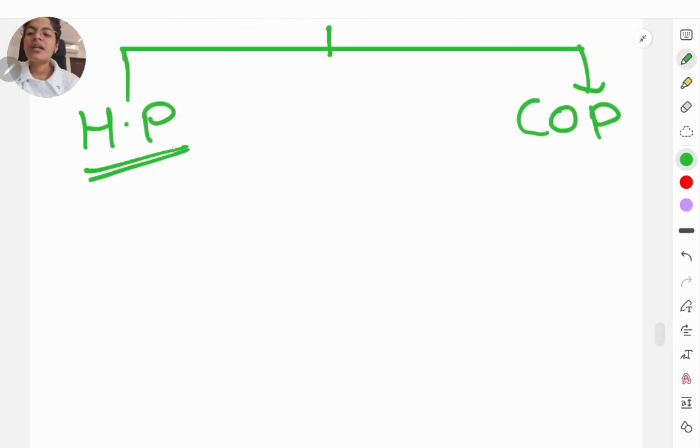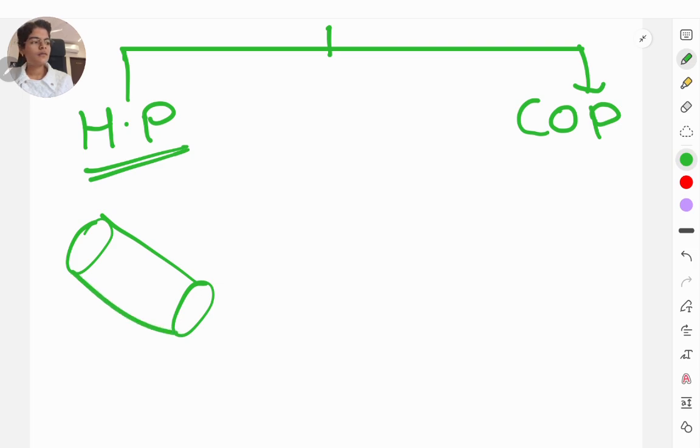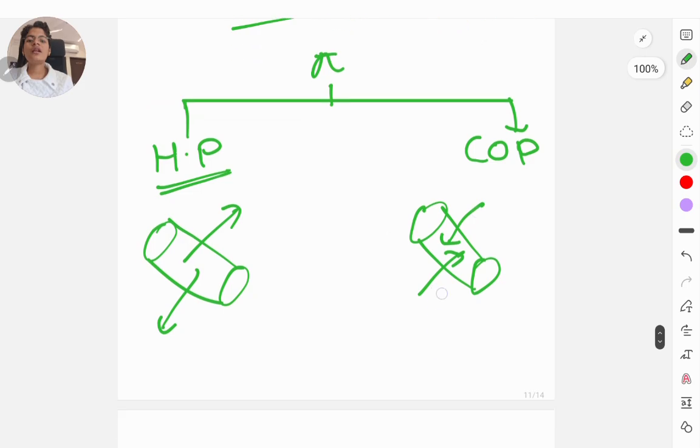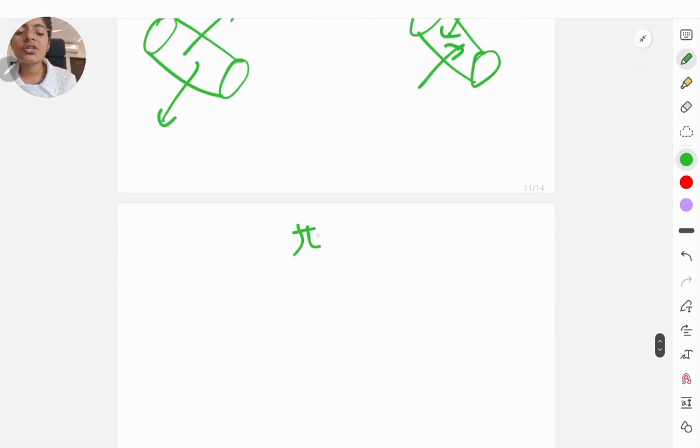Hydrostatic pressure is the pressure which is exerted away, like if this is the capillary, it is moving outwards. Osmotic pressure, now, could be exerted by whom? This is also the next part.